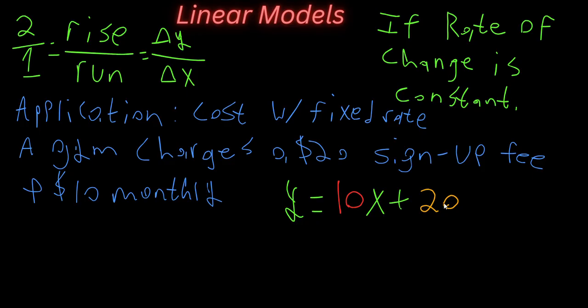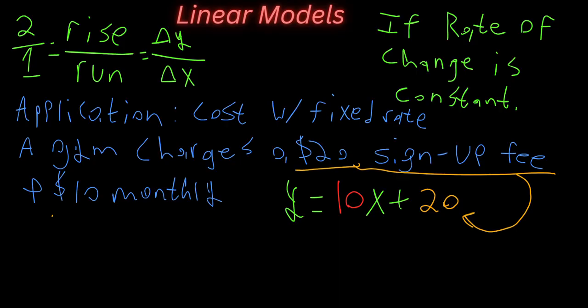Well, let's think about this. Okay, $20 sign up. This is our y-intercept. When we go to the gym, automatically we're going to spend $20, whether we sign up and stick with it for 6 months or 1 month. $20 is going to be spent.